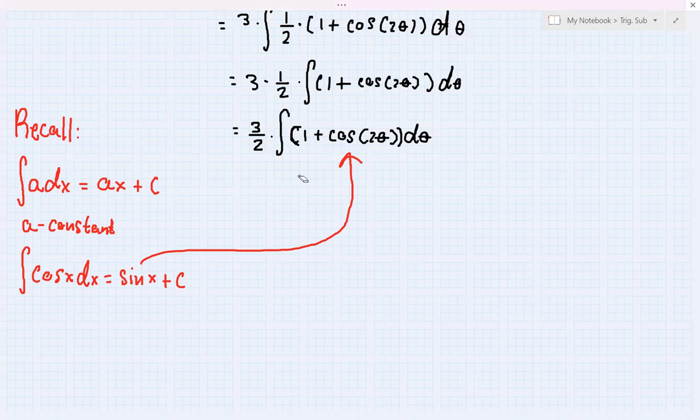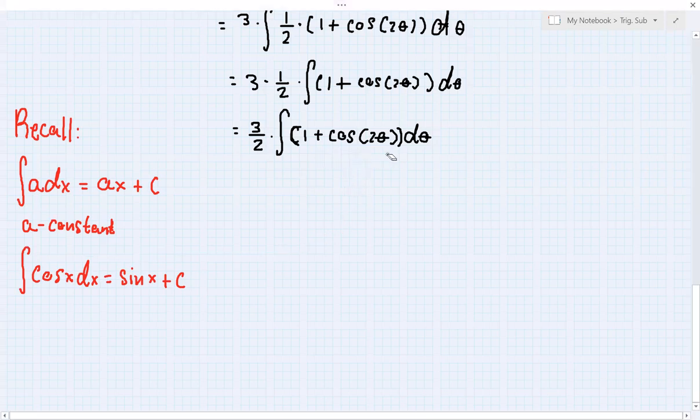But here's the problem. We cannot just simply integrate cosine 2 theta quickly. Okay? Hindi natin yan kaya. Why? Because si cosine of 2 theta, ito ay isang composite function. Hindi to common function na cosine theta lang.